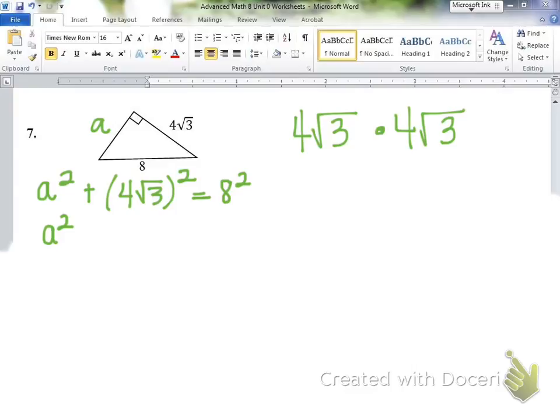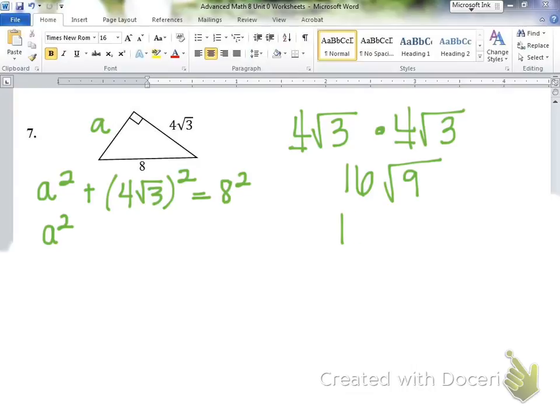Okay, so when you are multiplying square roots, it's like multiplying like terms. We multiply the like things. So we multiply 4 times 4 first. What does that give you? 16. And then inside the square root, we multiply 3 times 3. What does that give you? 9. Okay, can you take the square root of 9?